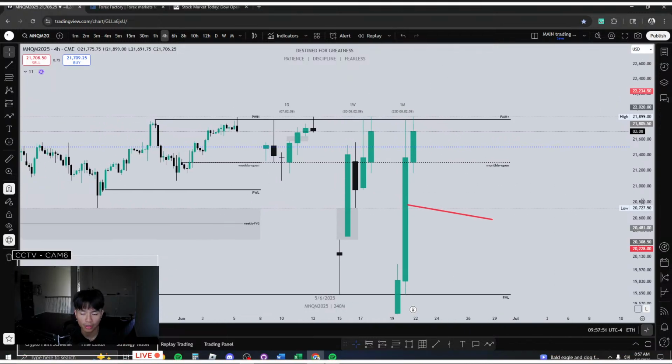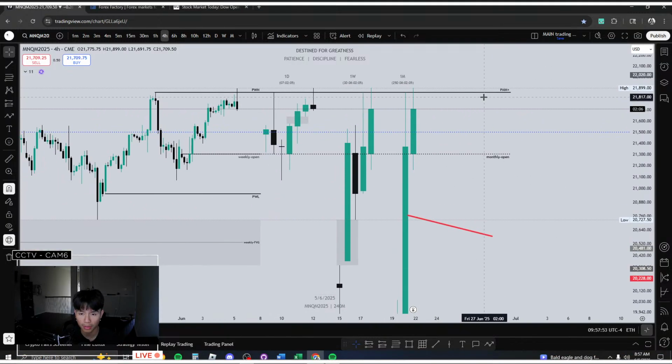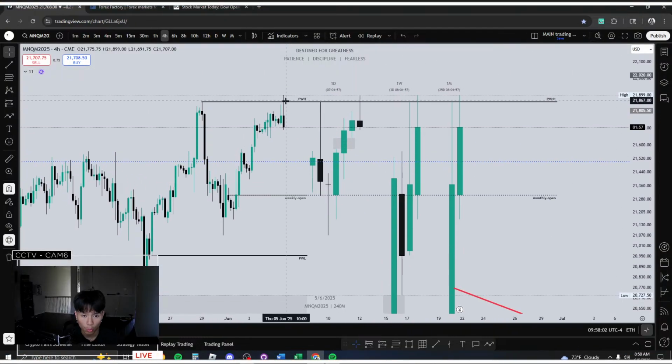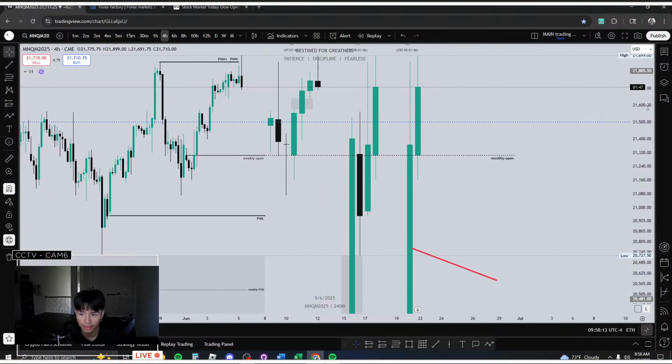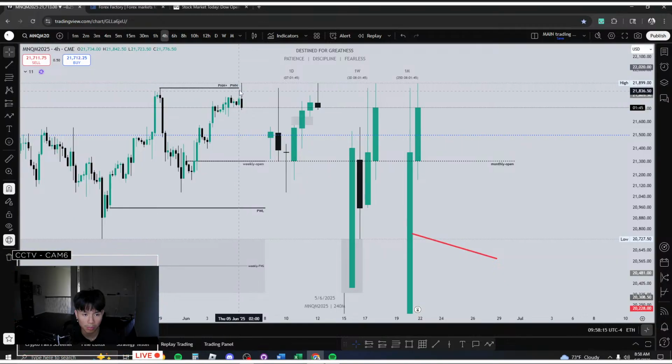When we should take out that monthly high is determined by the lower time frames. And as you guys may see, we did end up taking out the monthly objective here. You guys can see that we did pass that line. We took out that liquidity.